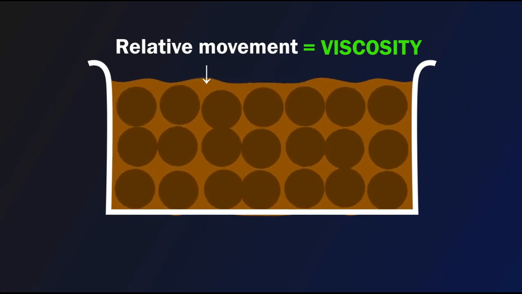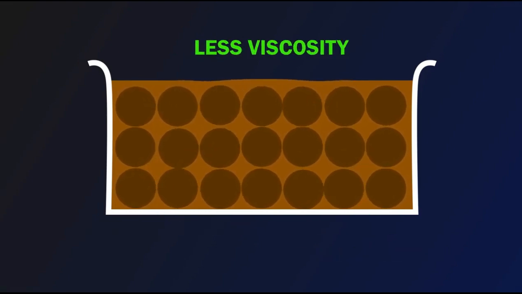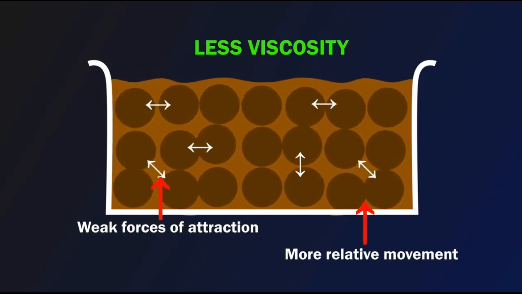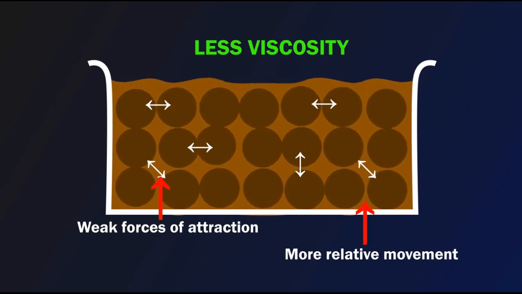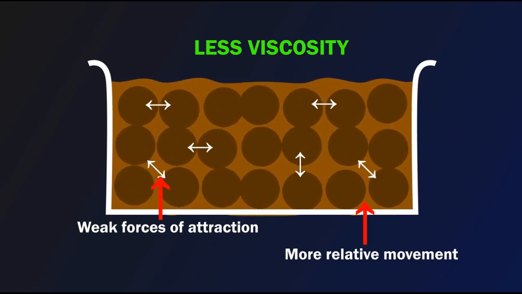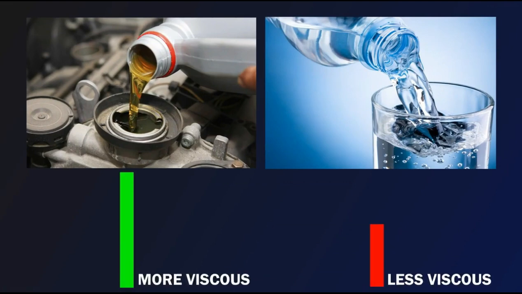A liquid is more viscous when there is strong attraction force and relative movement of particles is less, and a liquid is less viscous when there is less attraction force between molecules and there is an easy movement of particles relative to each other. If we compare engine oil and water, engine oil is more viscous compared to water.